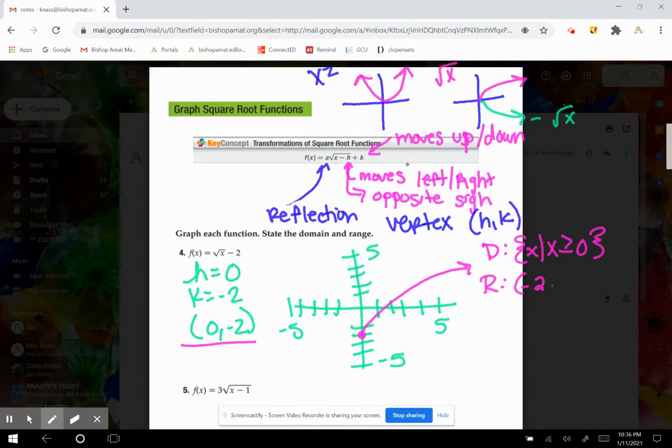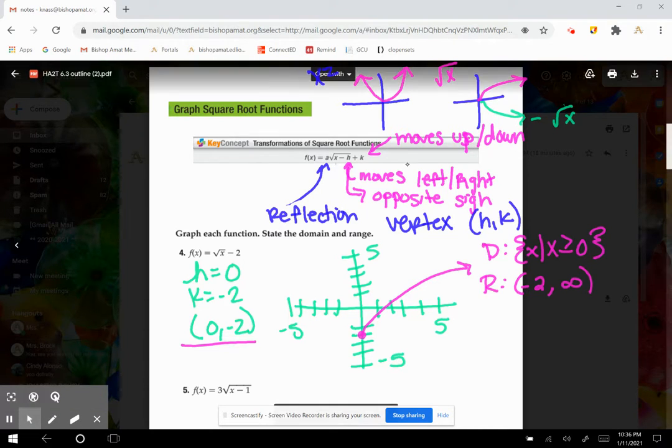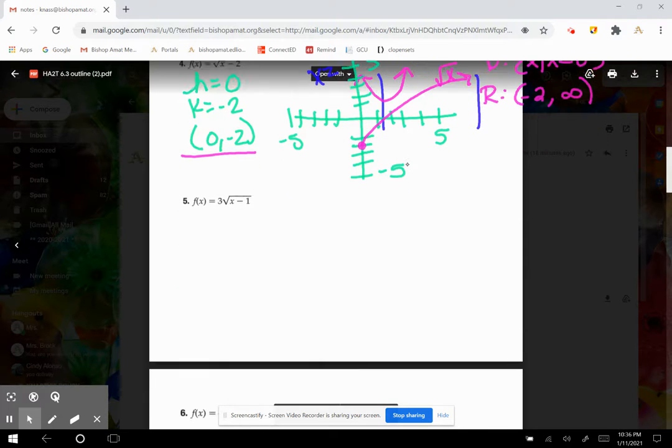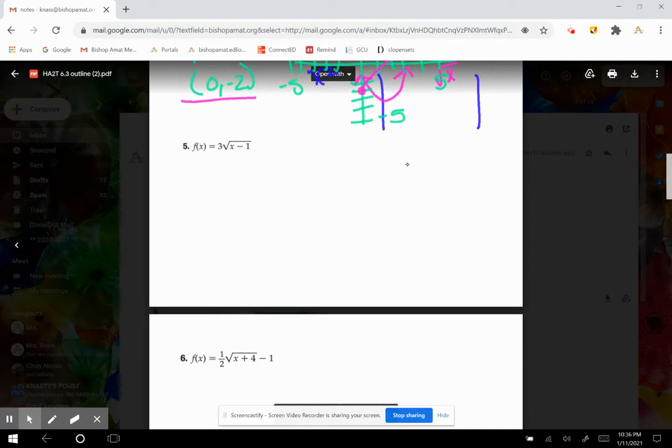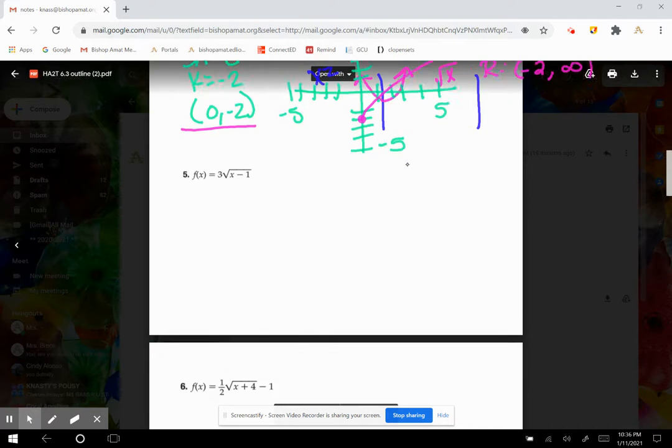Negative 2 to positive infinity because this is going up. We skip negative 2, negative 1, 0, 1, 2, 3, 4. It goes up and out. So that's your domain and range. All right. Number 5, we'll go over. We could look at number 5.